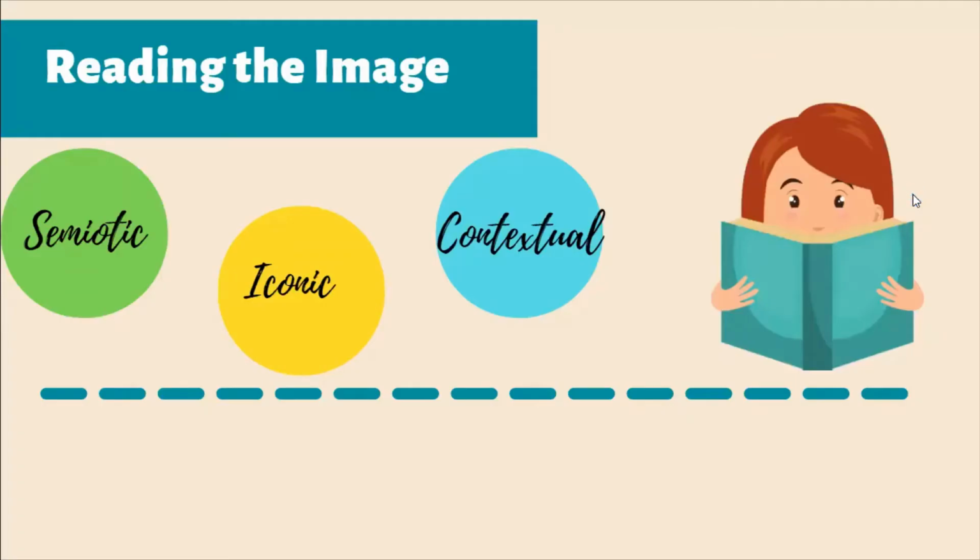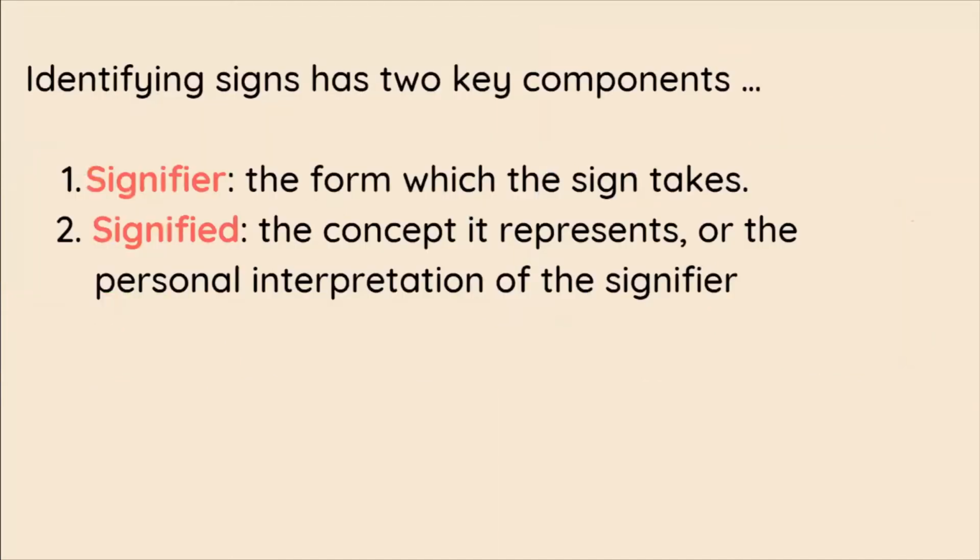So when you read the image or an artwork, there are three planes of analysis that we will do, or that you can use: semiotic, iconic, and contextual. First, there are components that you need to know: the signifier and the signified.